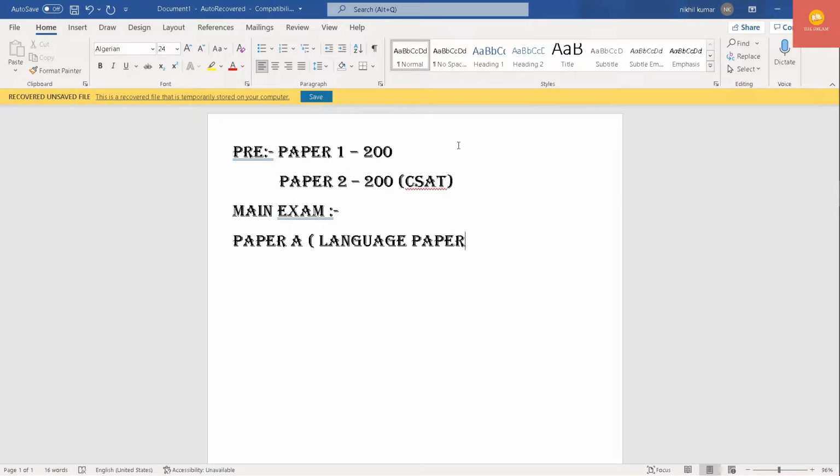Language paper, you can choose any language as your language paper, and it consists of 300 marks. Another paper, paper B, is of English.